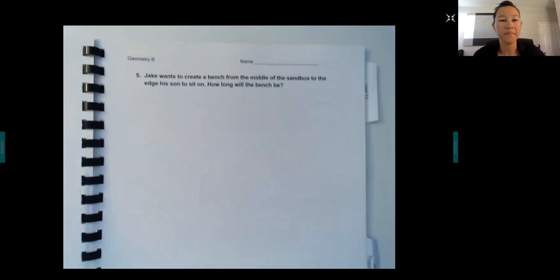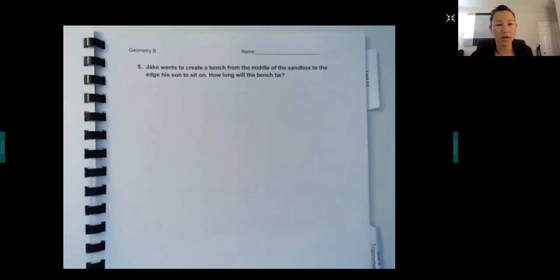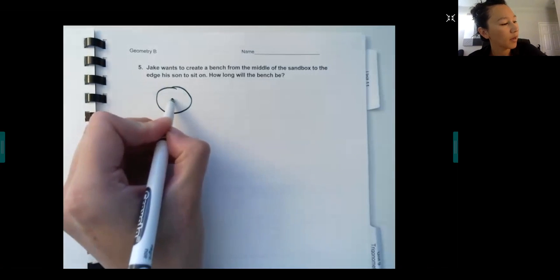And then our last one, Jake wants to create a bench from the middle of the sandbox to the edge for his son to sit on. How long will the bench be? So how long do you guys think the bench will be? So here's the sandbox, here's the middle.